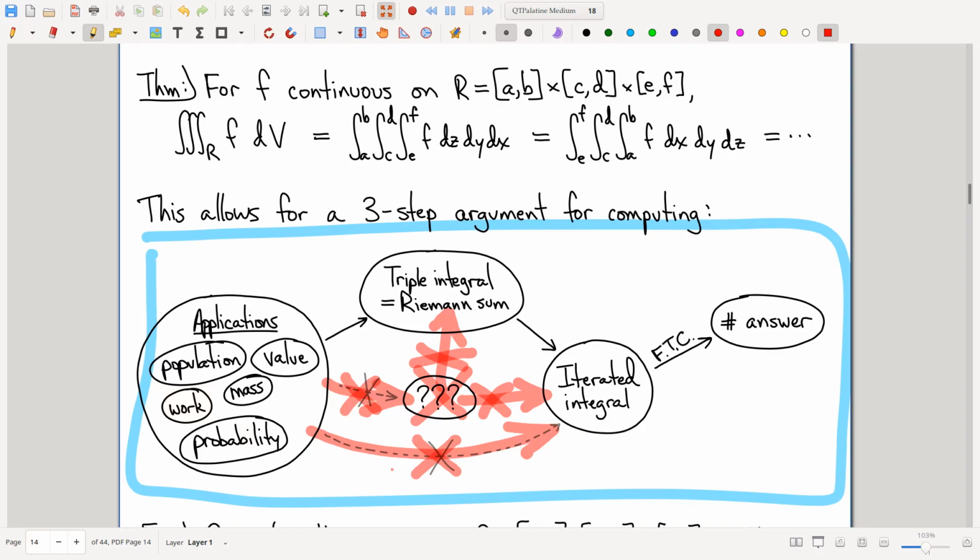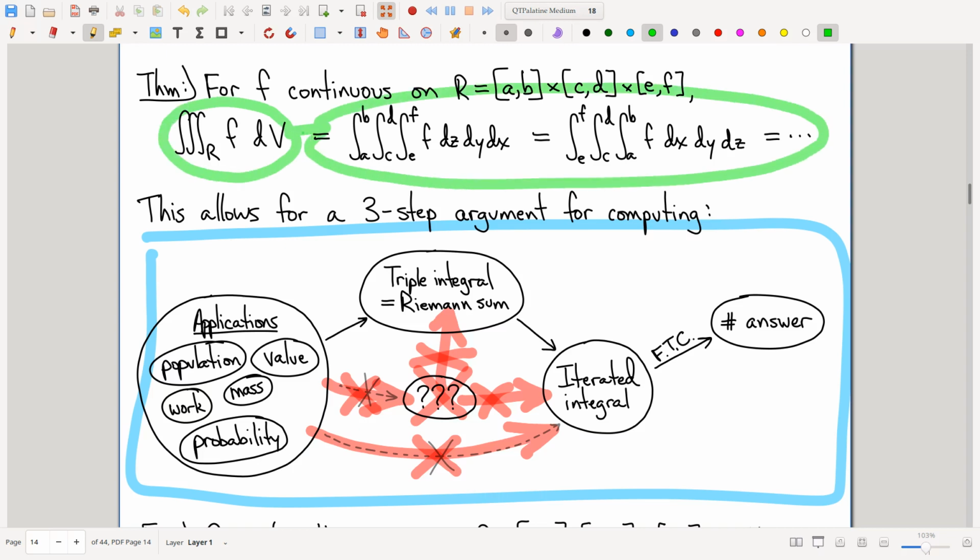But I'm going to claim, without proof, and I hope you're willing to buy into this, and this can be proved. It's just that it's going to be algebraic and formal and not something that we really need to get into. But triple integrals can be computed as iterated integrals. So this still works.